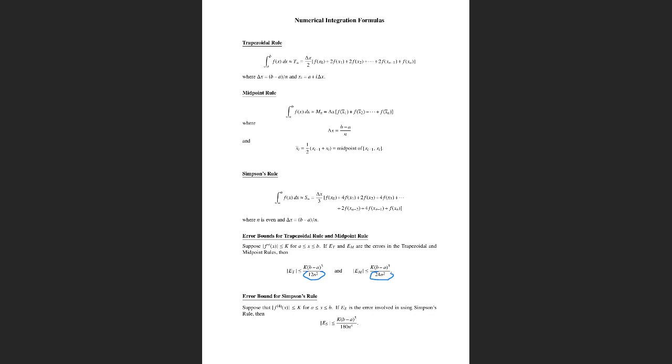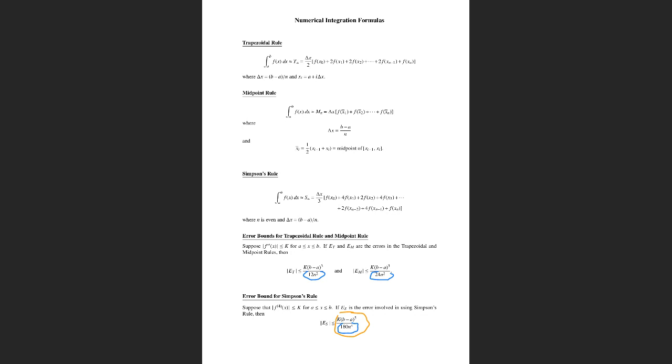Which denominator is largest, and n, by the way, is the number of subintervals. So you can see that Simpson's rule has the largest denominator. So that's going to tend to make the error bound smaller, because you're dividing the numerator by a greater number.